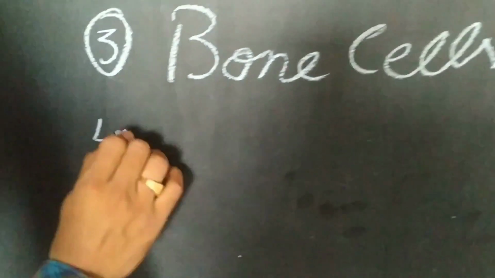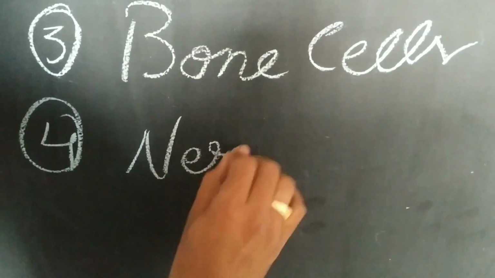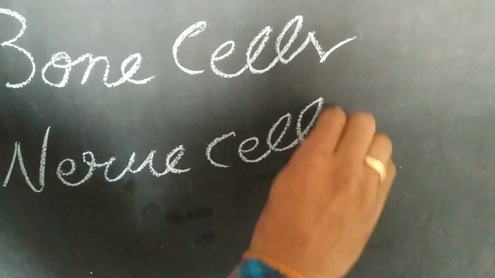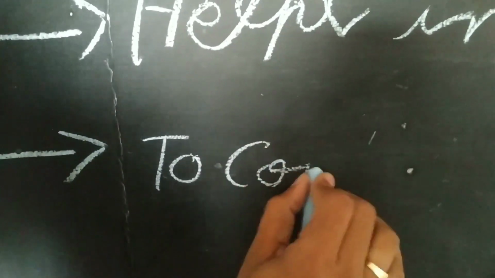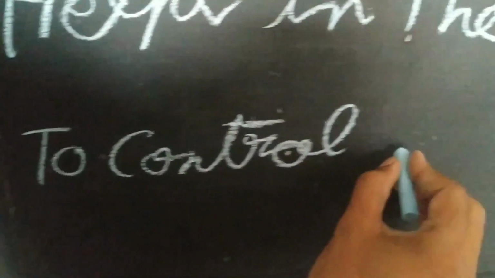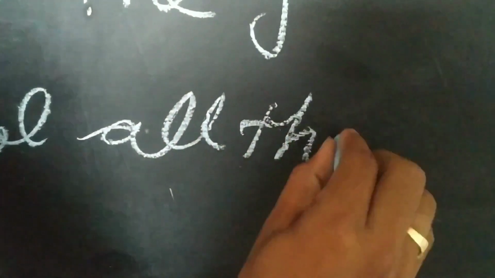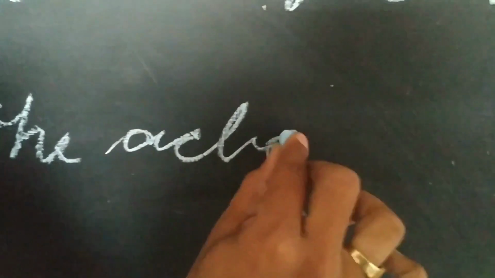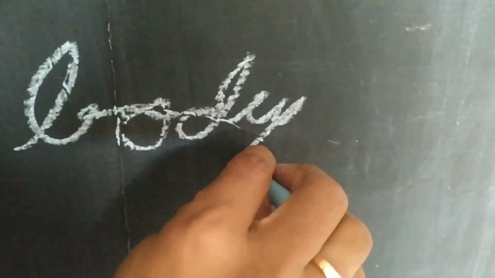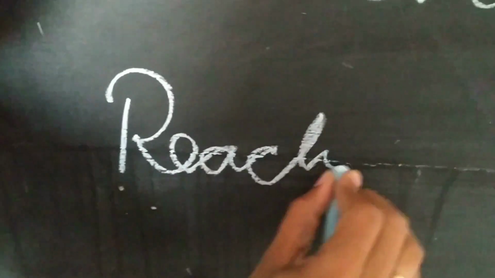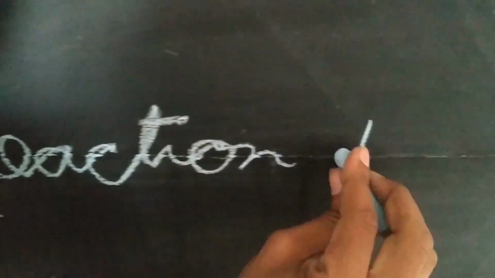And the last one is nerve cell. Function of nerve cell is to control all the actions in our body or reaction to an action.